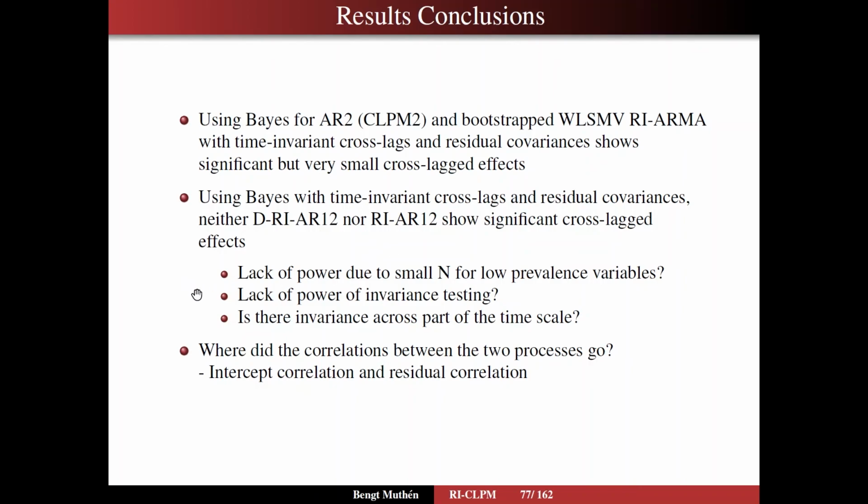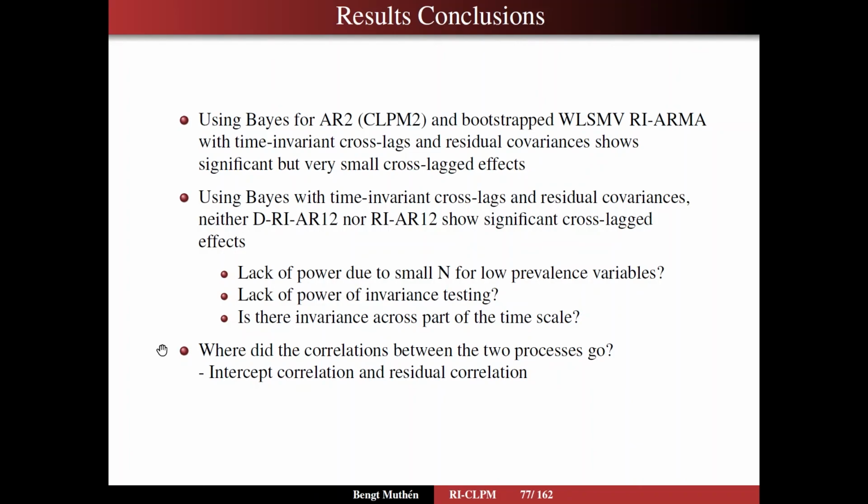Or is there a lack of power in rejecting invariance? Maybe we should not impose invariance. We're going to take a look at that also. And perhaps there is invariance across part of the time scale. We're going to see that there is a difference between early time points and later time points.